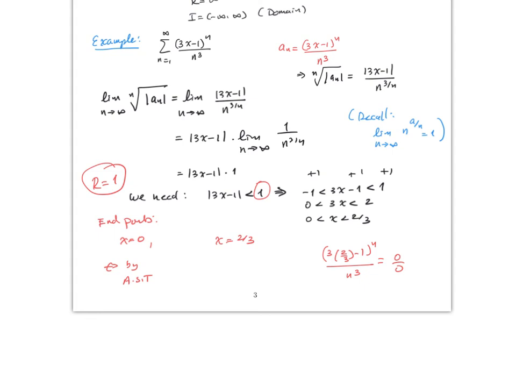So therefore, it will work also for 2 over 3. So hence, in this case, it's just 0, which is fine. So this is like a special thing. So therefore, the interval of convergence is going to be from 0 to 2 over 3. And that's it.